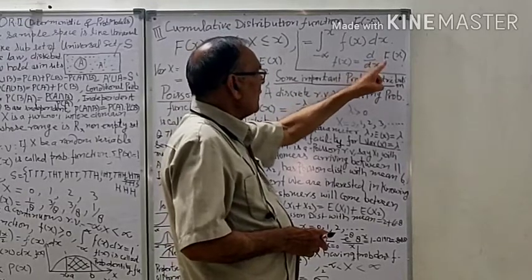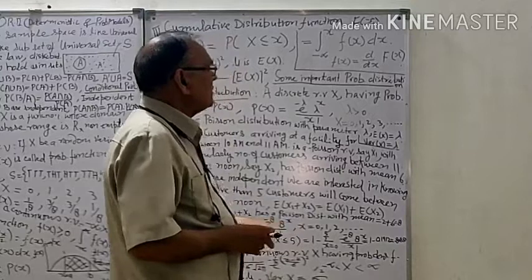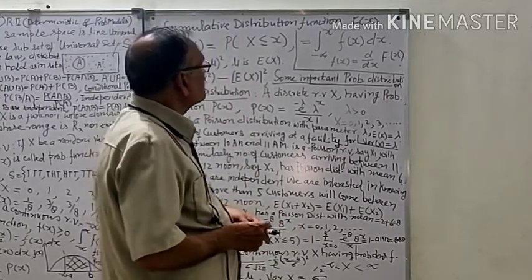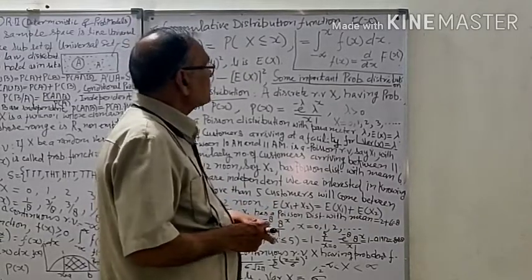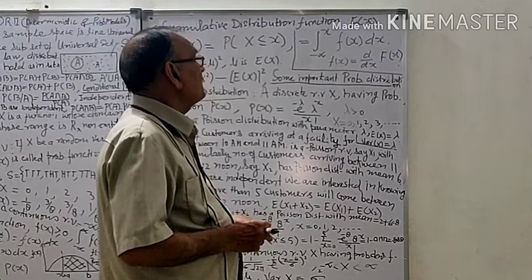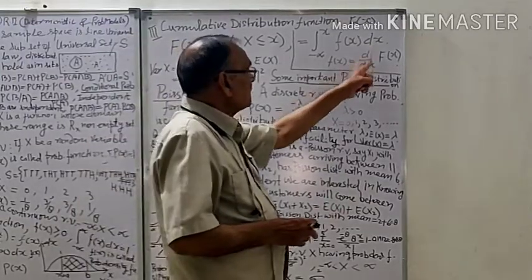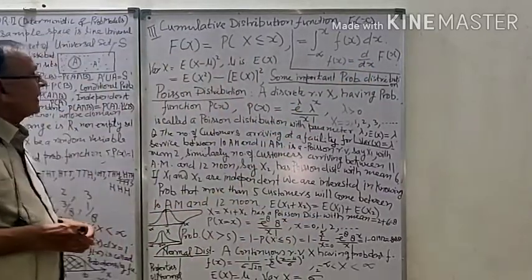If you do have cumulative distribution function for continuous random variable as Fx, then we differentiate it and get the probability density function.